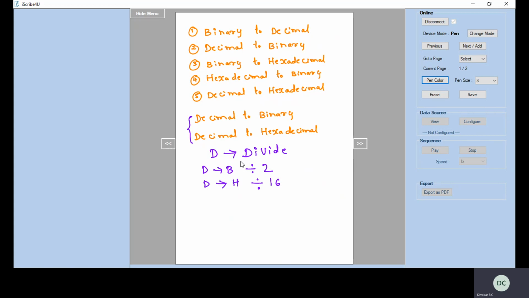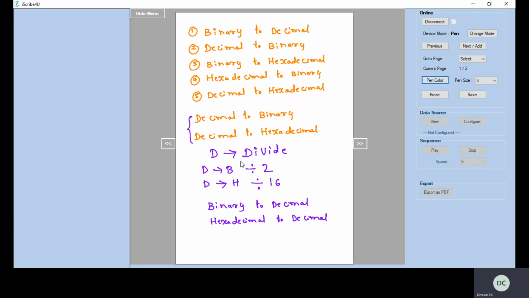D stands for divide. If the first letter is D, decimal to binary, divide by 2; decimal to hexadecimal, divide by 16. Whereas if the last letter is D, binary to decimal, hexadecimal to decimal, multiply by the powers.